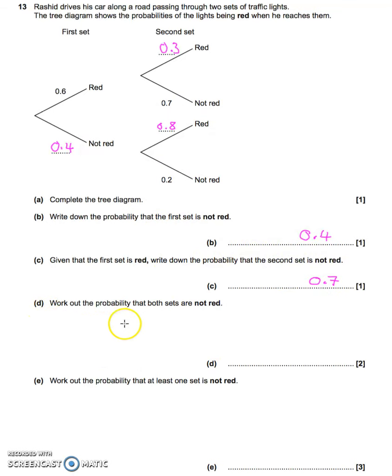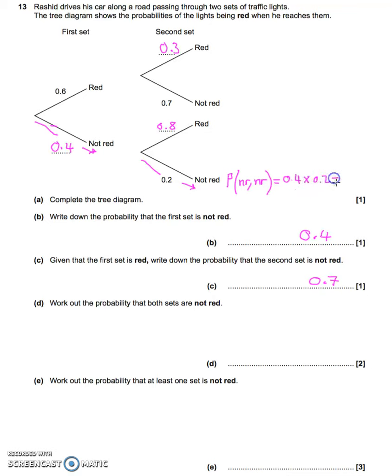So D, work out the probability that both sets are not red. That means we now have to start following the strands. Not red, not red. So if we follow the strand, 0.4 and 0.2. The thing to remember is that you multiply across the branches to work out the probabilities. So I'm going to write that next to it here. Probability, not red, not red, equals 0.4 multiplied by 0.2.